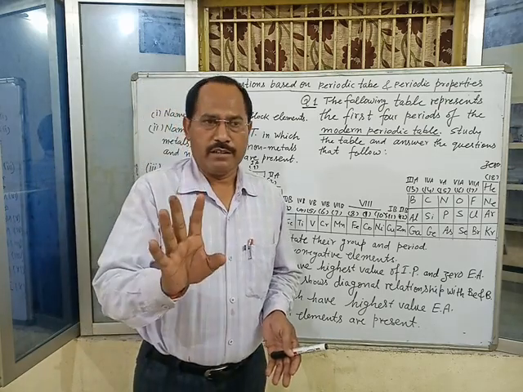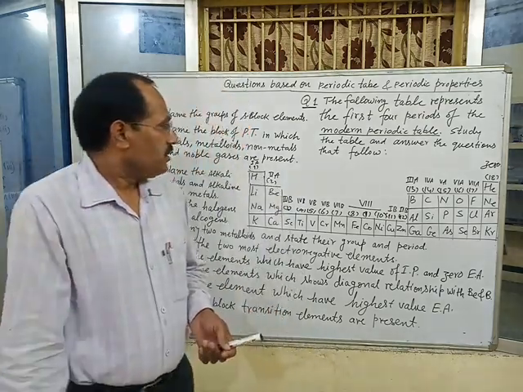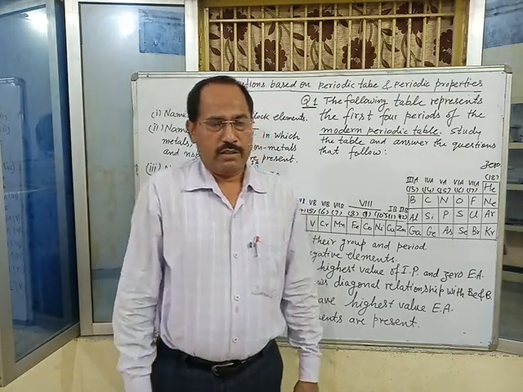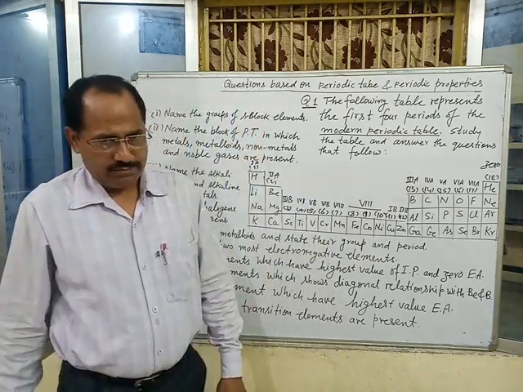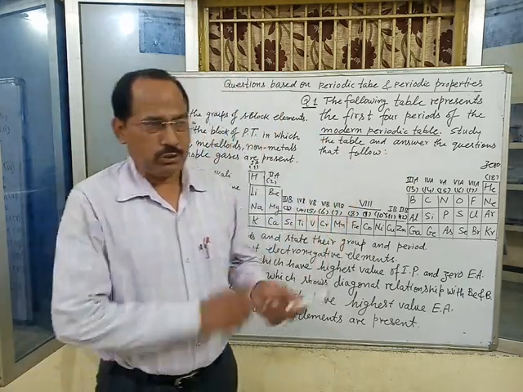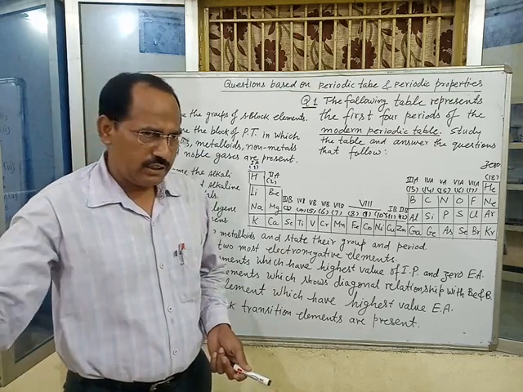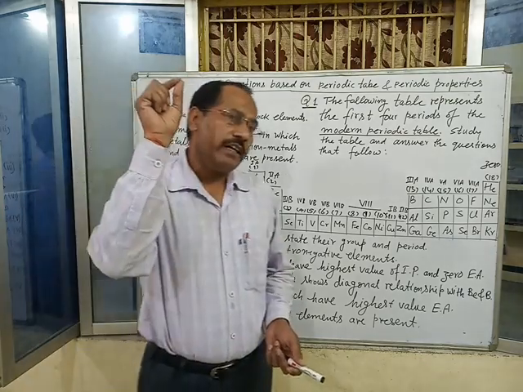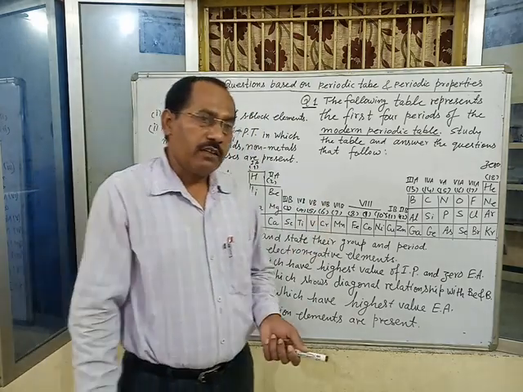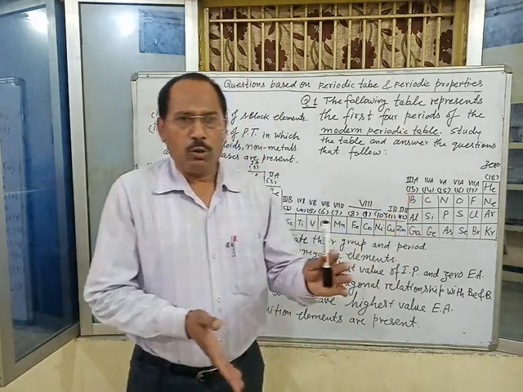Total number of periods in case of modern periodic table or IUPAC periodic table or modified periodic table is only 7. But in case of original periodic table, means Mendeleev periodic table, there are no periods. There are only 12 series, horizontal series, and only 8 groups. And in modified periodic table, series are converted into periods.